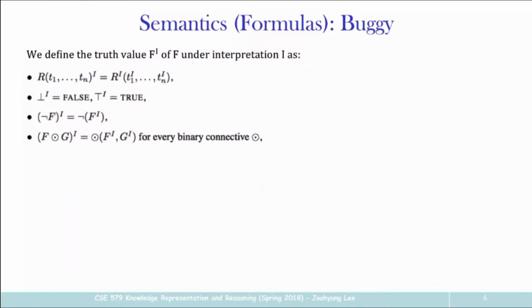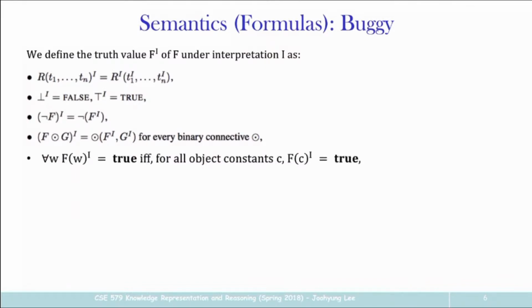The evaluation is similar to the terms: you evaluate each of the terms and then apply the predicate function r superscript I. This will either return true or false given this interpretation. So an atomic unit returns true or false, and bottom and top are evaluated the same. If you have negation, then of course you flip the value of the formula inside. And binary connectives are also the same, because eventually these formulas will return either true or false.